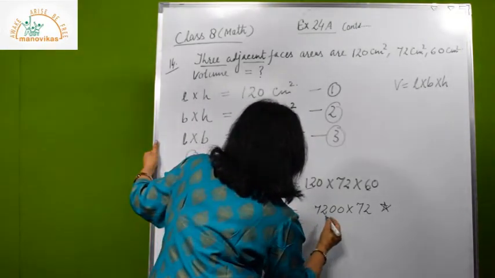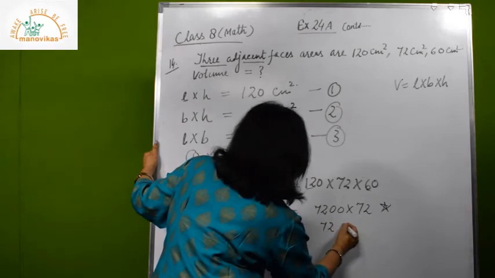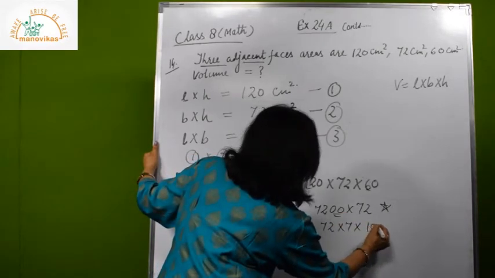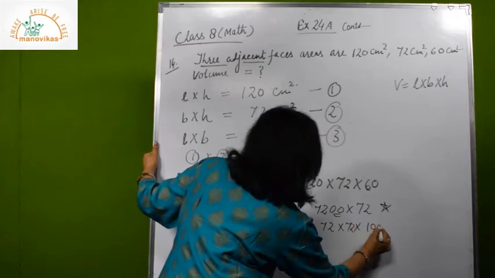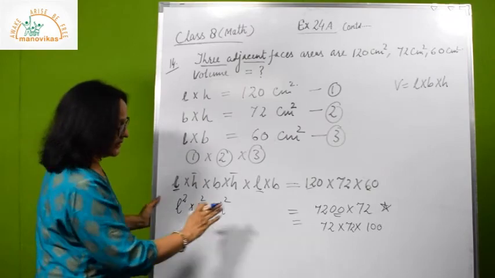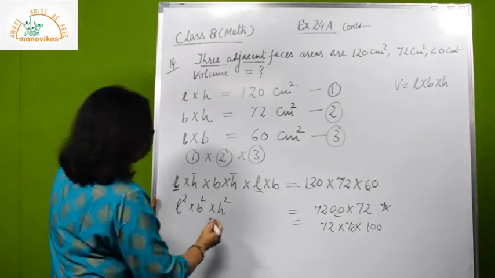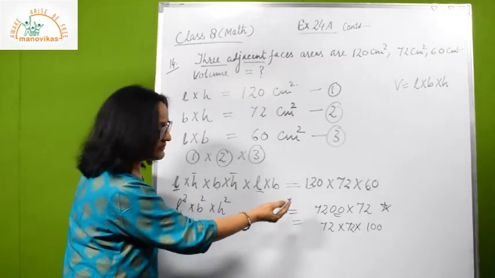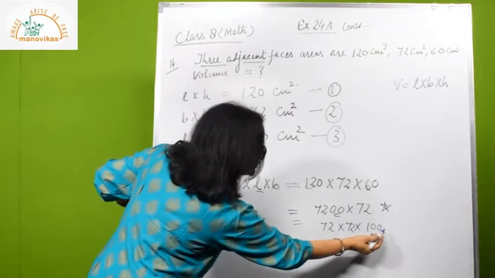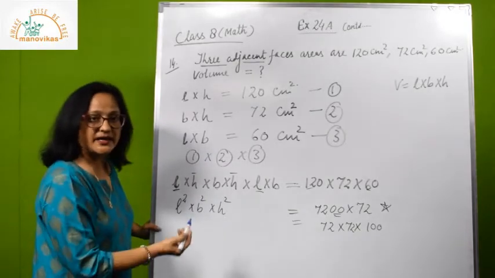If you take it like 72 into 72 and this 100, if you separate, it is very easy to simplify it further. When I explain the next step, you will understand why I have done so. Otherwise, you can multiply also. Doesn't matter. If you multiply and then take the square root, doesn't matter. But I am just telling you how you can make your calculation easier.